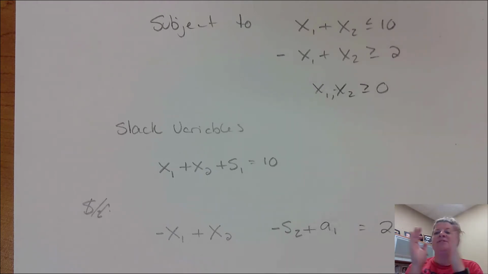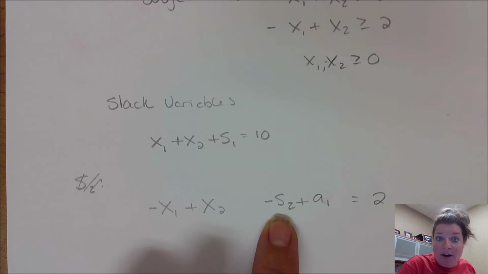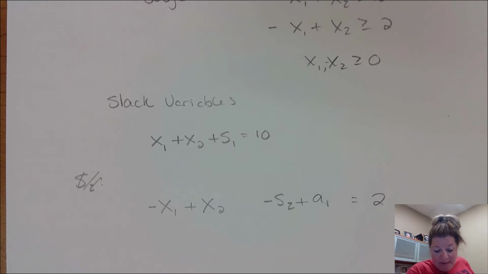So what happens if something is the wrong way? I'm going to have to add in a negative slack variable and add in an artificial variable. Okay, so this method is called the big M, and here's why.